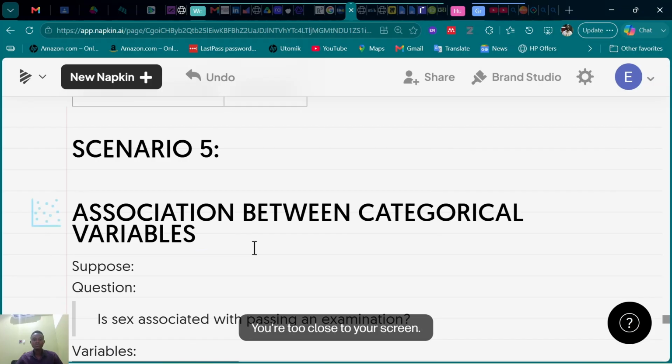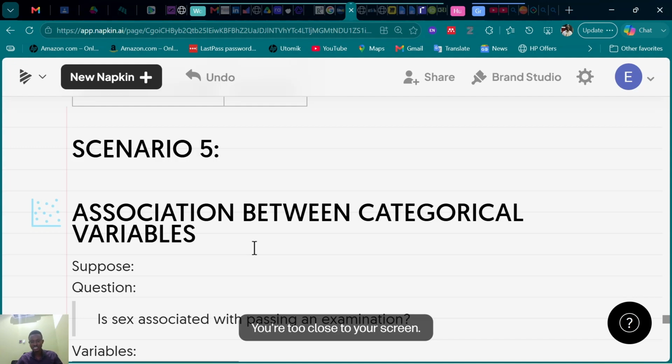Okay, so when you want to look at association, not between continuous variables but between categorical variables. So we have sex, male and female, and then let's say religion, right? So you want to know whether gender affects religion, or gender contributes to you selecting a particular religion.